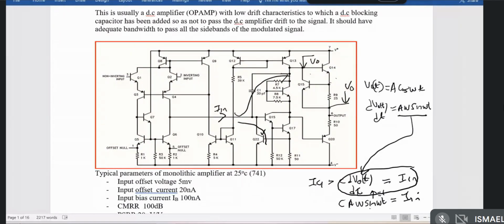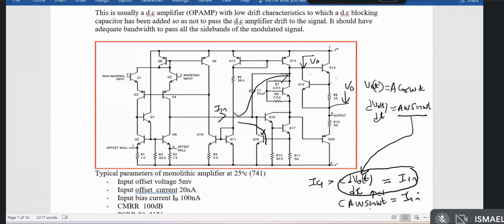When IN is equal to the current passing through C1, then we say the op-amp has reached its maximum rate of change of the output, which we call the slew rate.